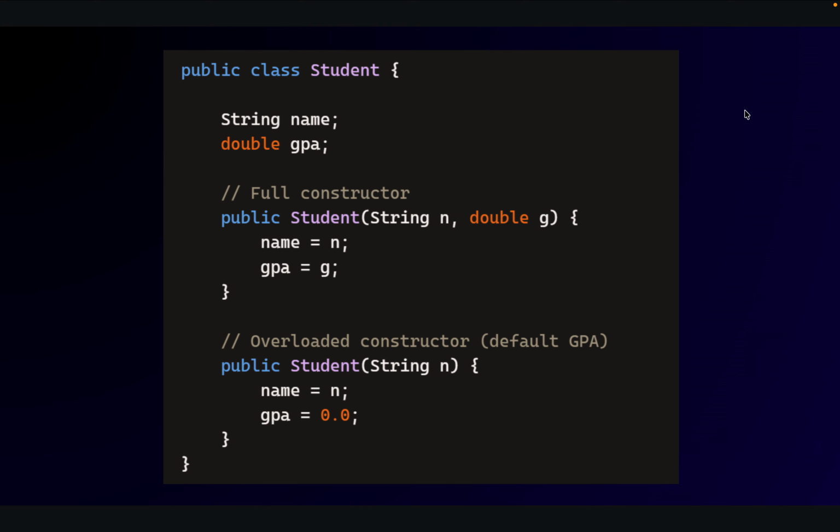So therefore, it's not requesting that you provide a GPA. And in this case, they are technically two different constructor methods, and they do two different things. So you can do something like this where you have multiple constructors that take in different inputs. And again, your Java program will figure out which one to use based on the inputs you provide.